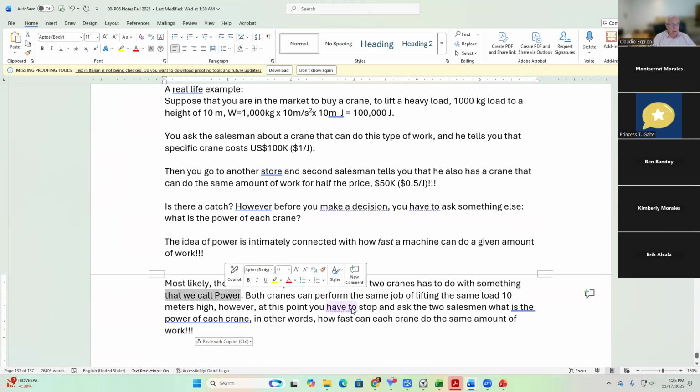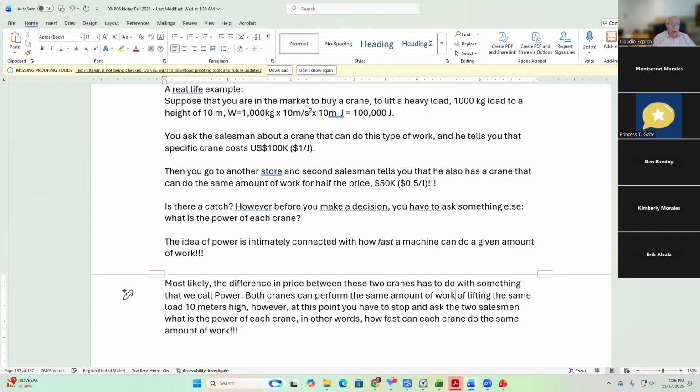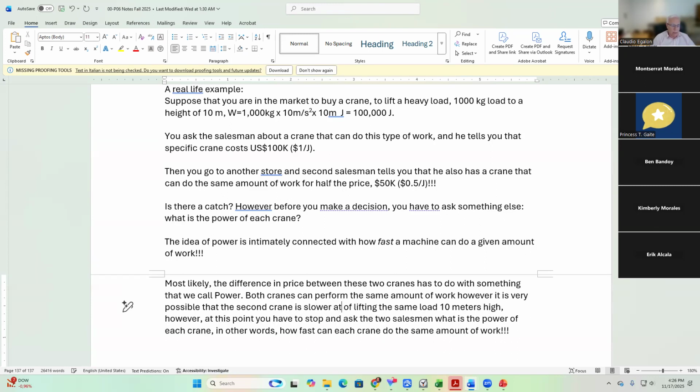Both cranes can perform the same amount of work. However, it is very possible that the second crane is slower at performing this work compared to the other.